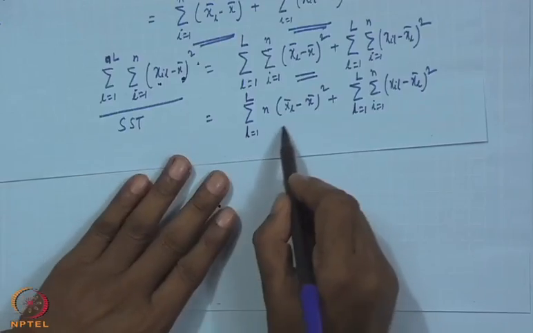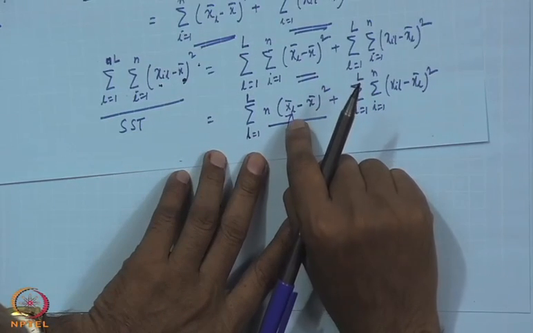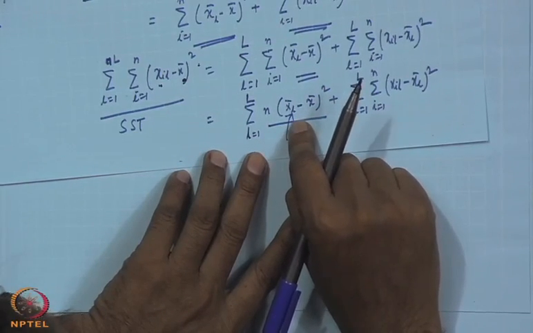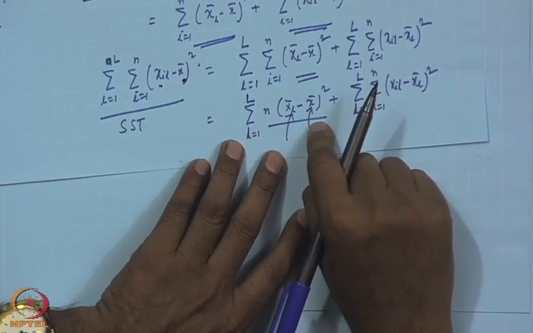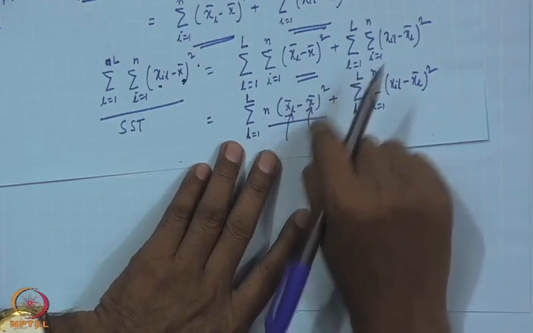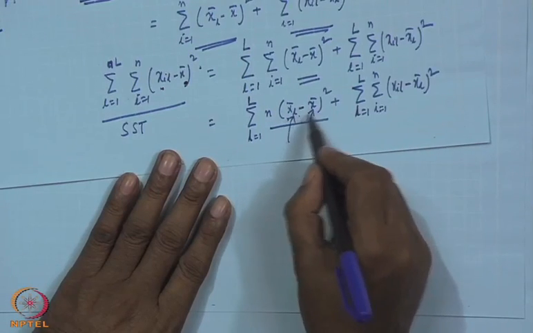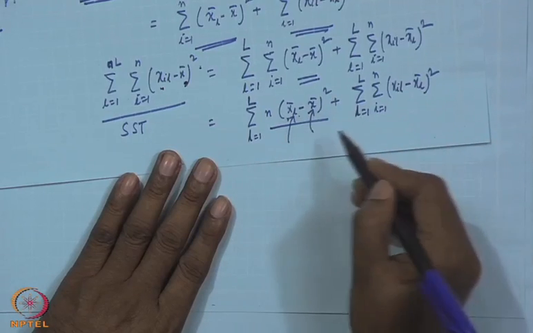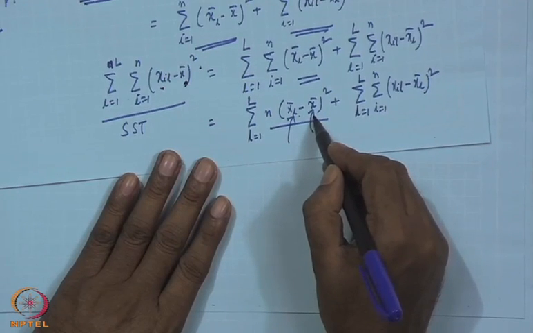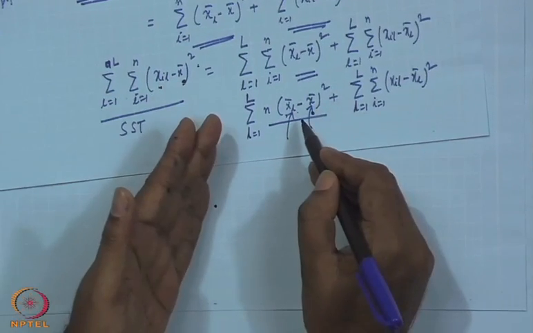You see this one, what you have done here: x_L bar is the sample average for the Lth population, and x bar is the grand sample average, the difference between the two, and then you have squared these. So, if there is no difference between the population means, we assume the sample averages also become the same and equal to the grand sample average. So, then this quantity will become 0. So, if there is any variability, it is because of the variability between the populations.